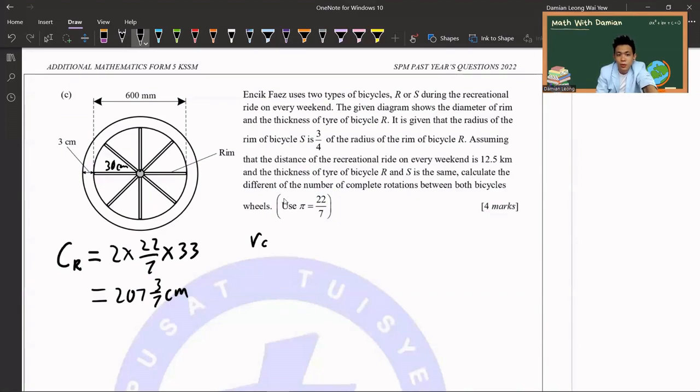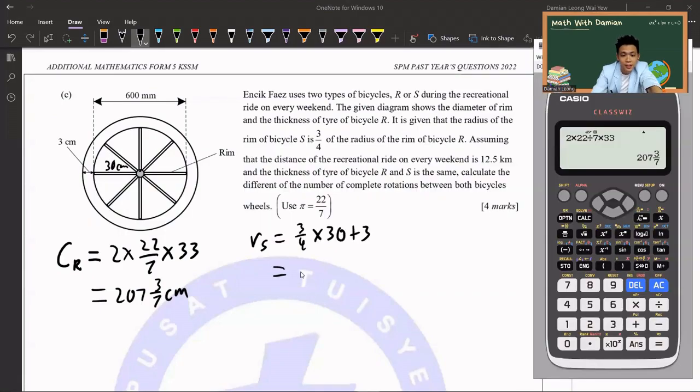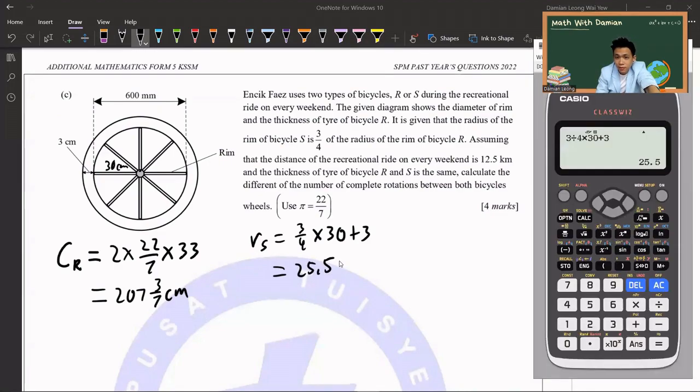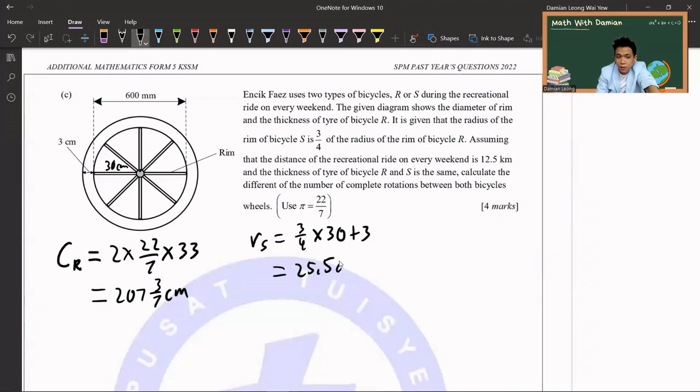So radius of rim for bicycle S is 3/4 of the radius of rim for bicycle R, which is 30 plus the 3 cm thickness for the tire. 3/4 times 30 plus 3 is 25.5 cm.